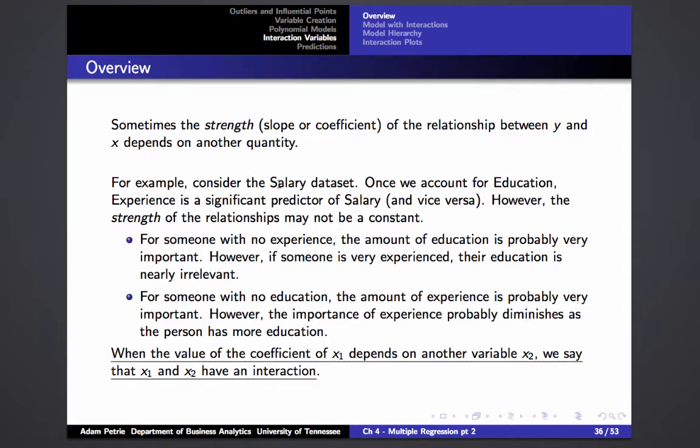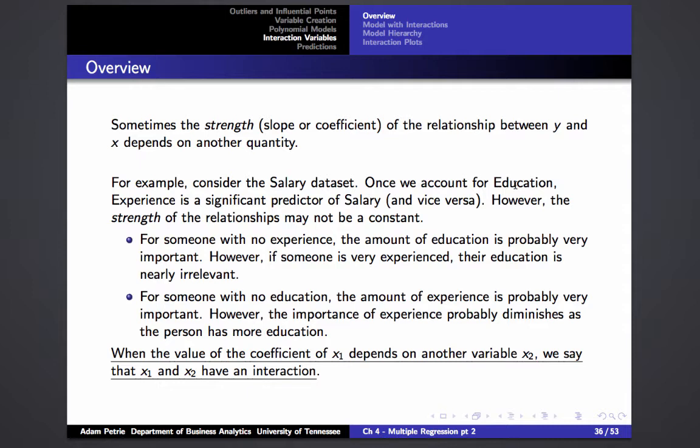Implicitly, we're assuming that's true regardless of the actual value of that person's experience. So, two people that differ in education by 1 year but who have no experience are expected to differ in salary by $100. Two people with 20 years of experience but who differ in education by 1 year are still expected to differ by $100 in salary.